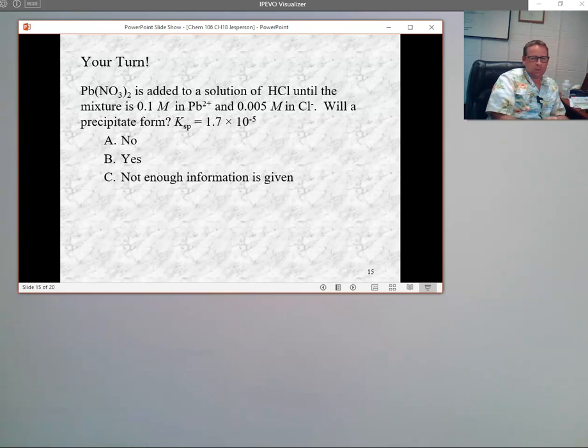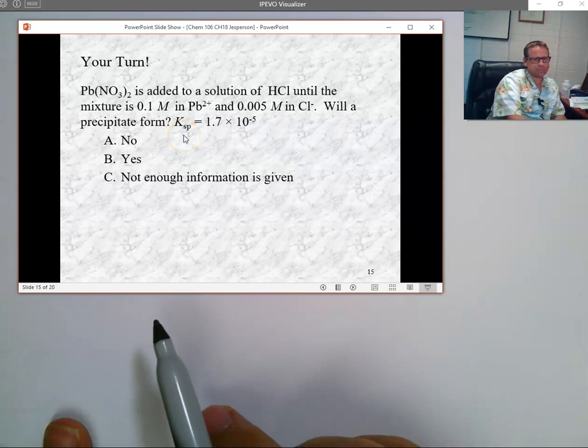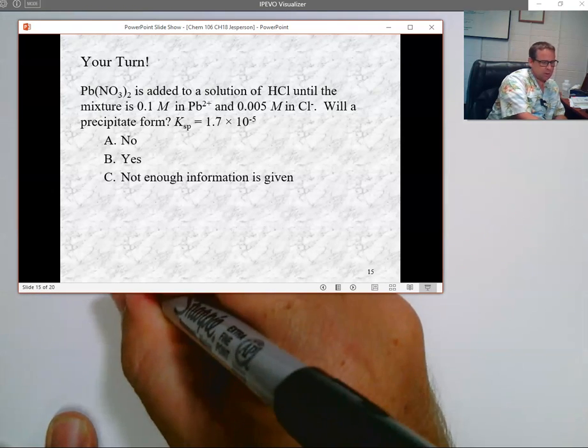Well, I don't think that it's necessary for this. No, I think you're right. We don't need to balance the equation. What is this KSP? It's a K for solubility product. So what is our insoluble material that will result? The PbCl2. That's right. Very good.